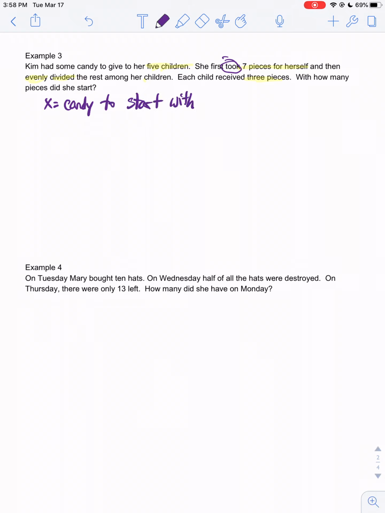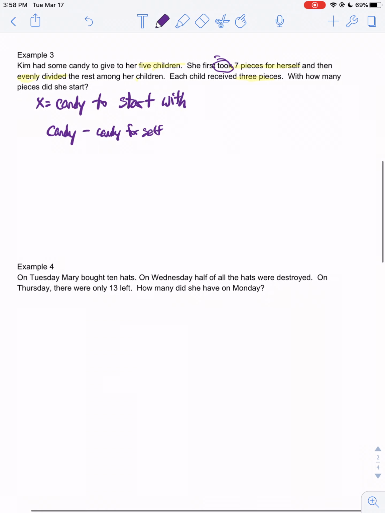All right, so now let's think about what happened with this candy. So it appears as though I had candy, then I took, so subtract candy for self, then I divided it to my kids, and I was left with 3 for each.